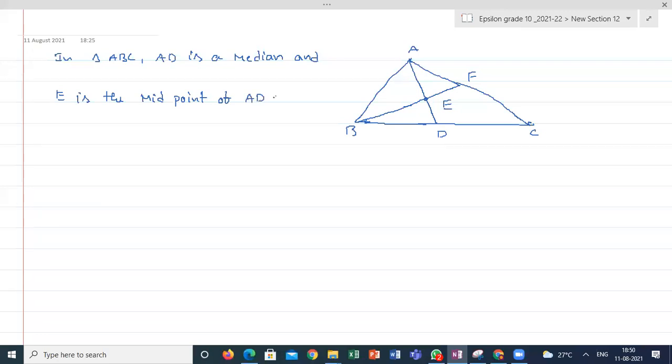If BE produced meets AC at F, show that AF is equal to 1/3 of AC.